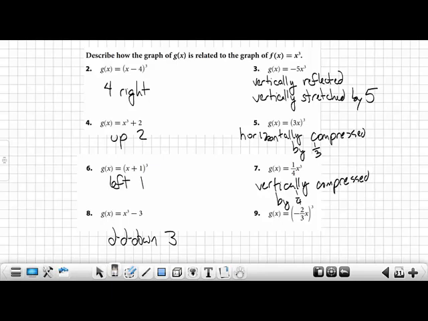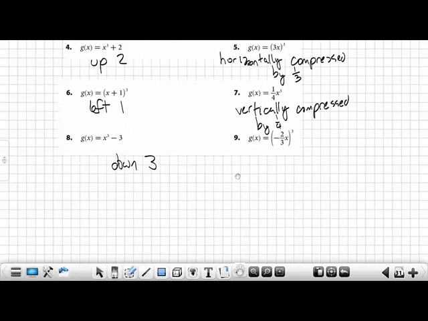Good job. You had the right answer. It is horizontally reflected.